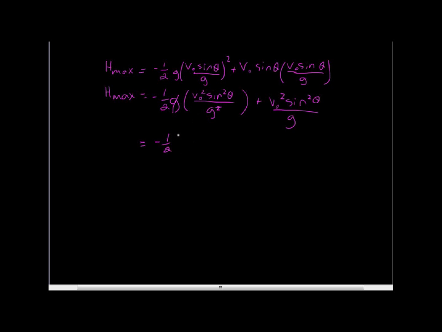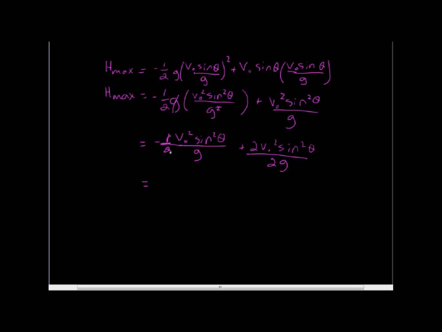And we get negative 1/2 v naught squared sine squared theta over g. Actually, I'm going to write it as negative v naught squared sine squared theta over 2g, just for simplicity's sake, because I'm going to put them over the same common denominator, so I'll multiply this by 2 over 2. So I get 2 v naught squared sine squared theta over 2g.